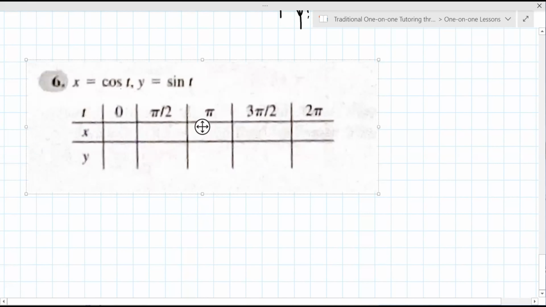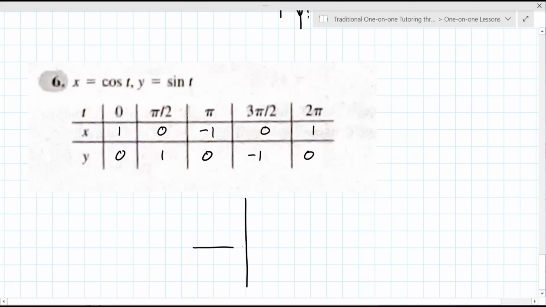So x starts at 1, goes to 0, minus 1, goes to 0, goes back to 1. Y is 0, then it goes to 1, then it goes to 0, then it goes to minus 1 and back to 0. And this is again just one unit circle. Right. Like that. Okay.